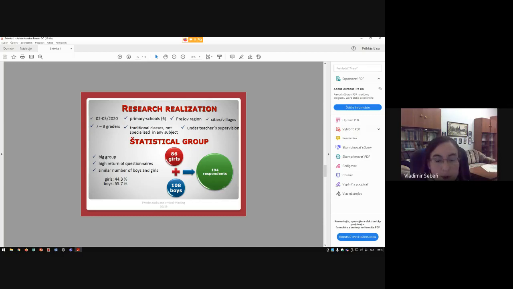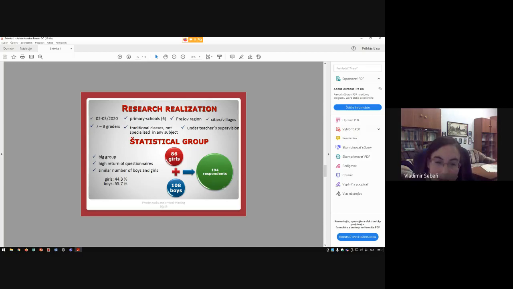The research group was made up of 7th to 9th graders of primary school. They attended traditional classes which were not specified in any school subject, ordinary classes, and this didactic test was done under the teacher's supervision.